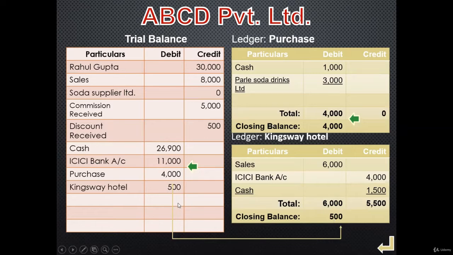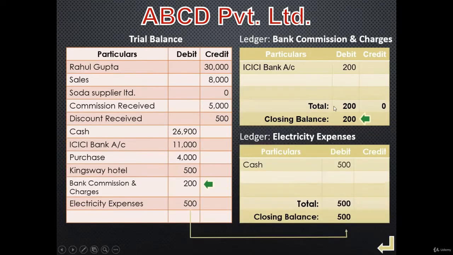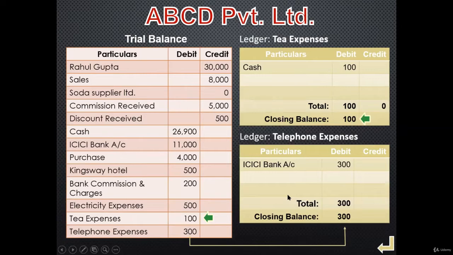So I am transferring this amount in Kings Bay Hotel at 500 rupees on my debit side. Now, bank commission and charges, we have 200 rupees closing balance. We are transferring the same, and same for the electricity expense ledger, and the telephone expenses.